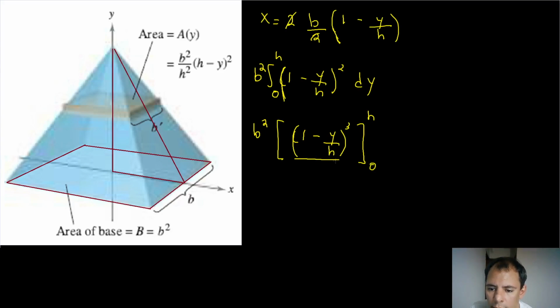Yeah, divided by 3. This is going to be huge, guys. Divided by the derivative of the inner function with respect to y, which is just going to be minus 1 divided by h.